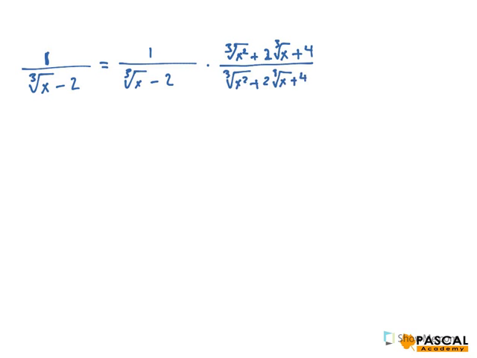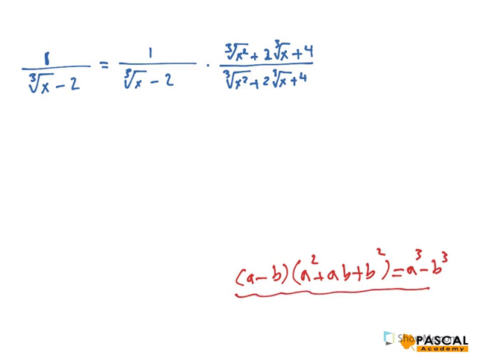Here we use a minus b times a squared plus ab plus b squared equals a cubed minus b cubed, which is known as the difference of cubes. So cube root of x is a, 2 is b, and we have a minus b, a squared, ab, and b squared.